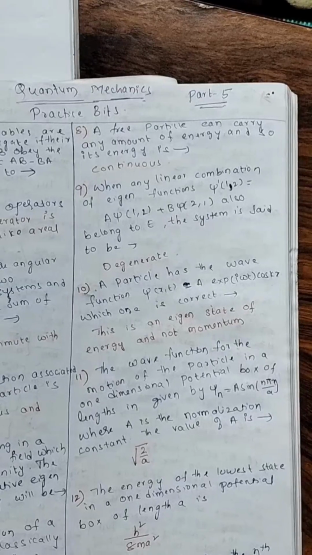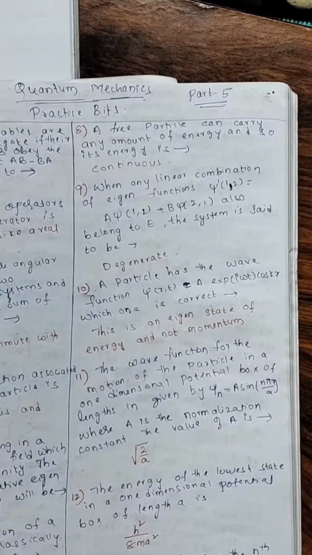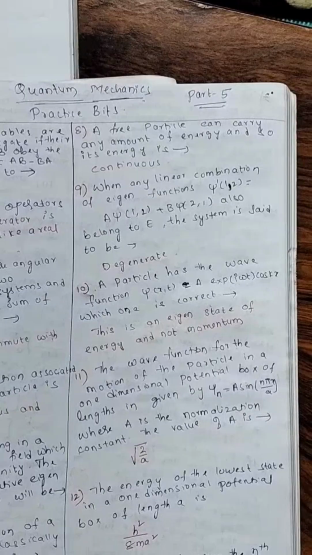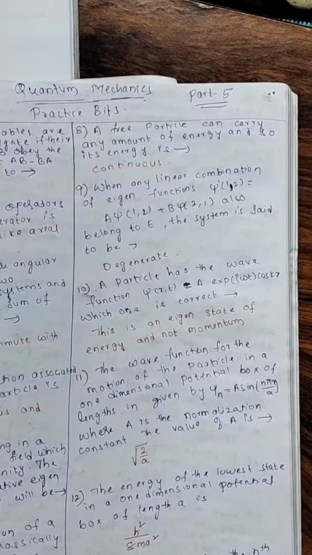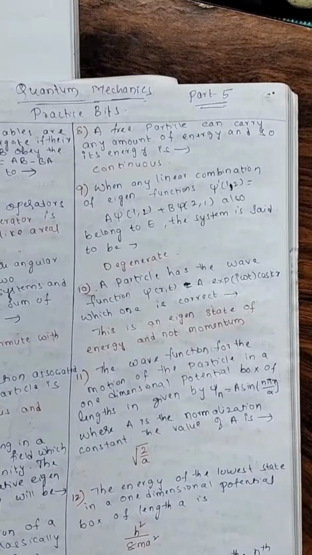Next, the spacing between the nth energy level and the next level in a one-dimensional potential box increases by, he said. Let us find out what he is saying.